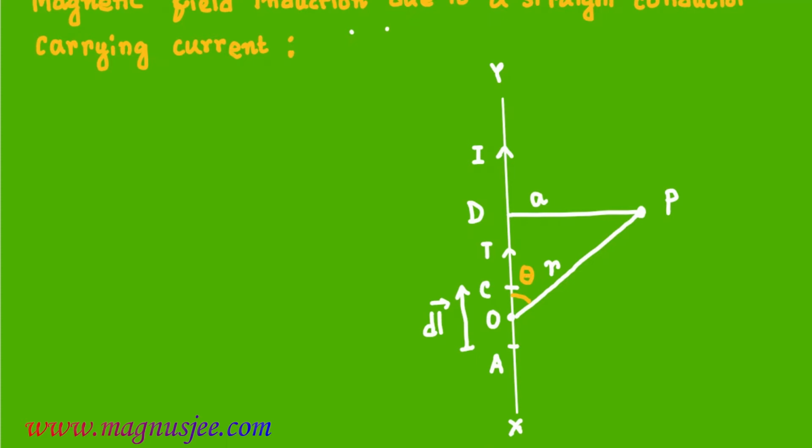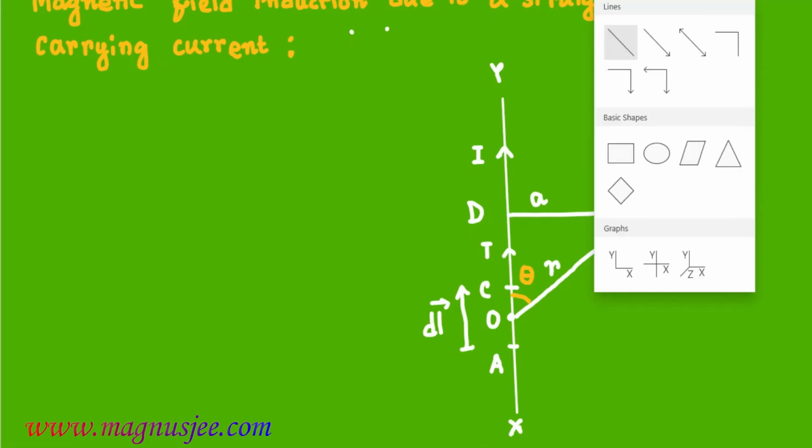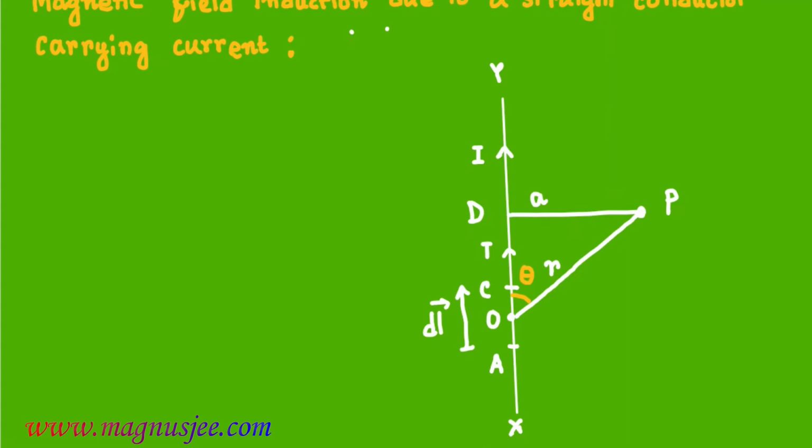It is also the direction of the current element I vector dl.